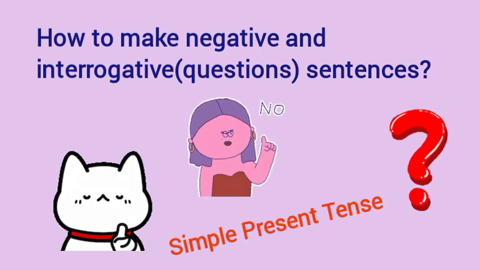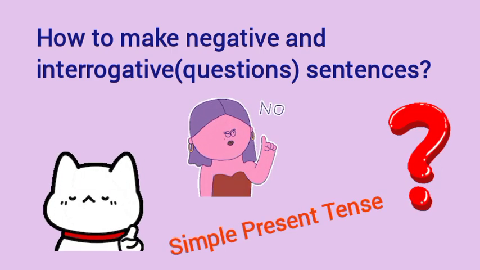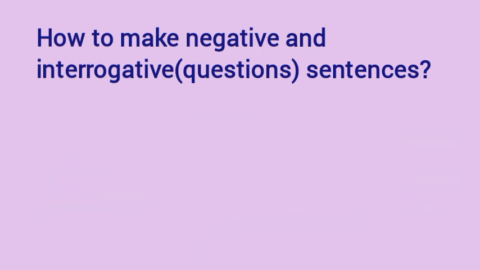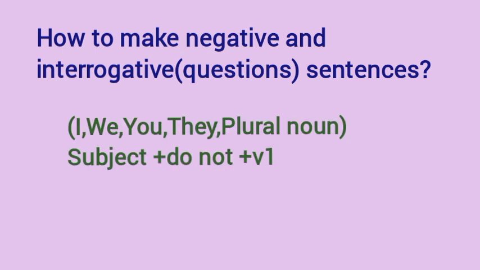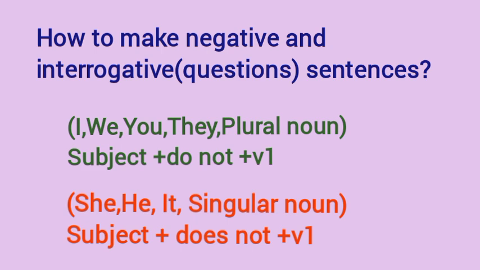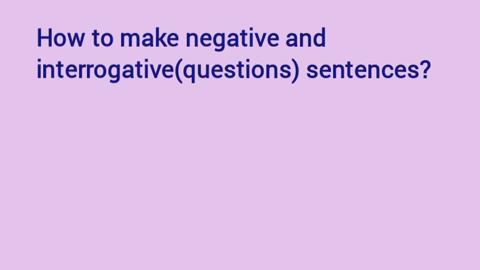Now let's learn how to make negative and interrogative sentences. With subjects I, we, you, they and plural noun we use subject plus do not plus first form of the verb. On the other hand, with the singular subjects she, he, it and any singular noun we use subject plus does not plus first form of the verb.